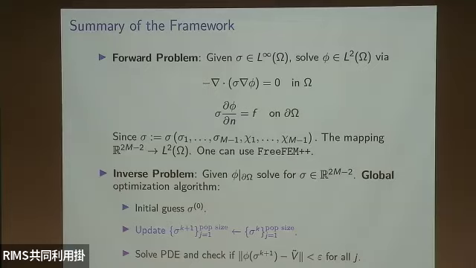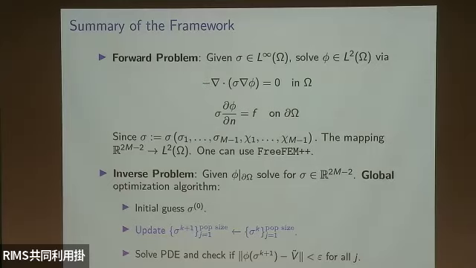For example, if the population size is 100, you have 100 guesses and update these 100 guesses every iteration. Every time you do the update, you have to solve the PDE hundreds of times, thousands of times, so it takes a lot of time. Even with a very fast solver, it's still very computationally expensive.